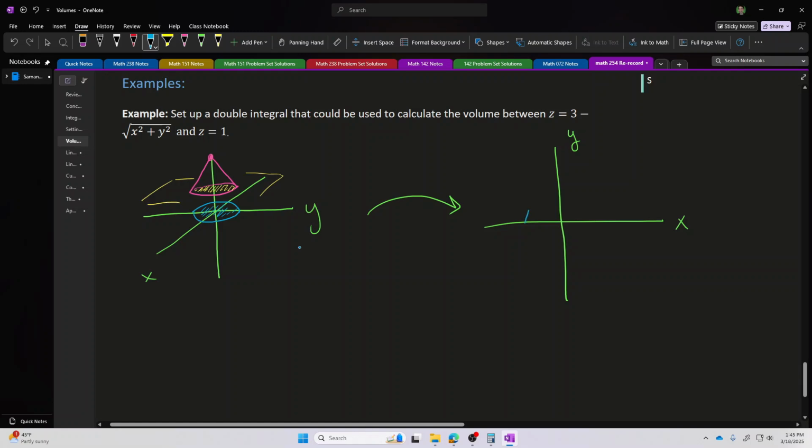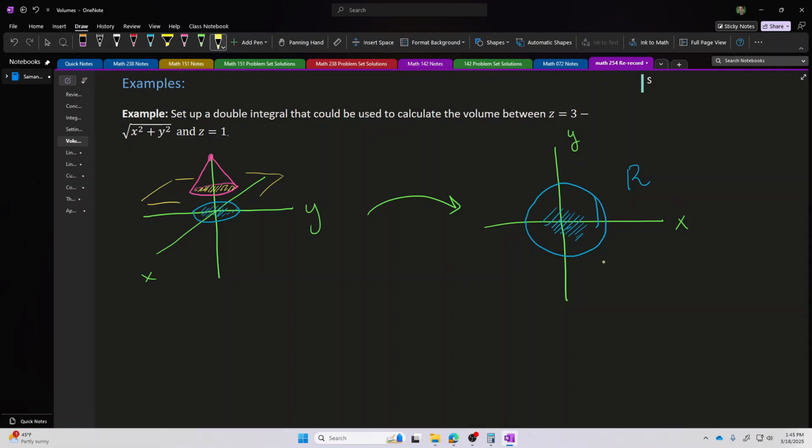And I can see that the shadow of that cone on the xy plane once again has the shape of a disk. So if I can determine the radius of this disk, then I can create the functions that describe the top and bottom borders of this region.